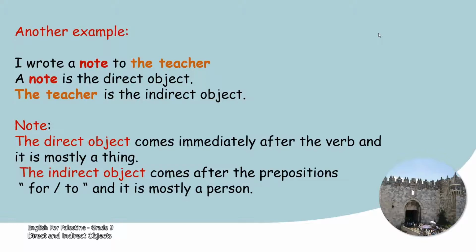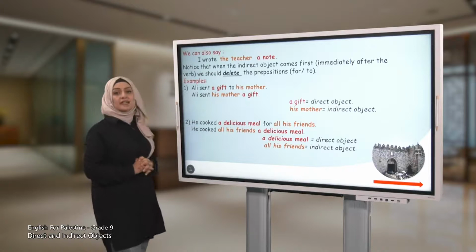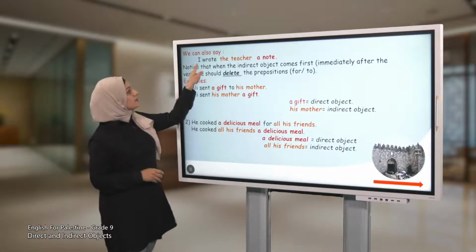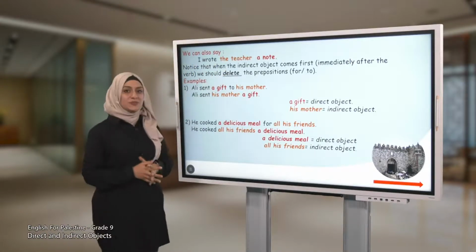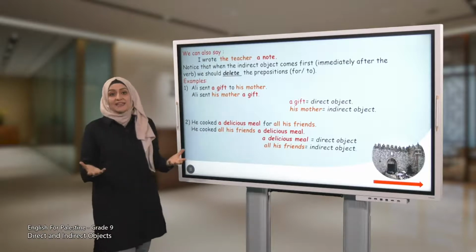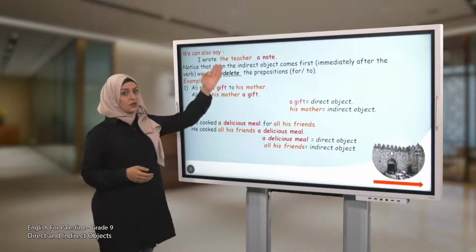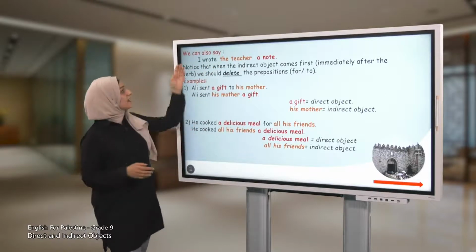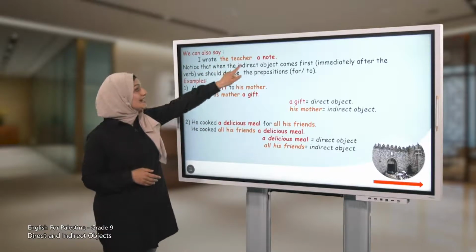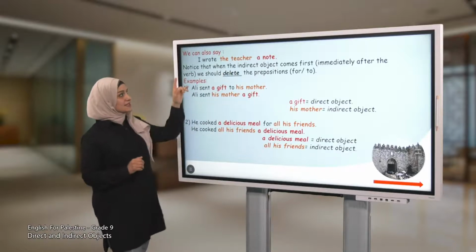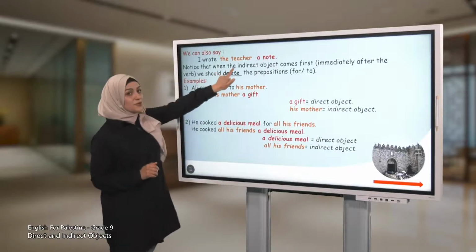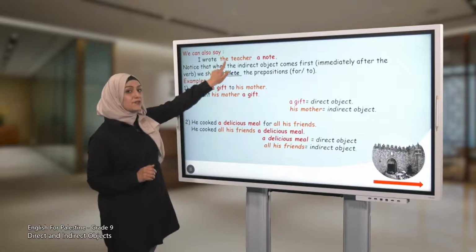To the teacher. We can also say, I wrote the teacher a note. It's another way to say the same sentence. I wrote a note to the teacher, or you can simply say, I wrote the teacher a note. As you can notice in this sentence, the indirect object is now after the verb.